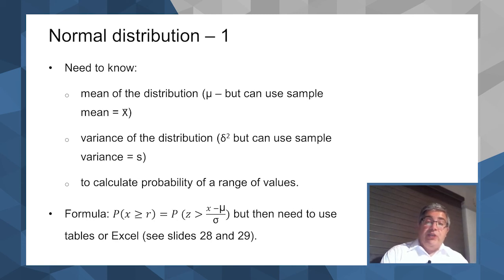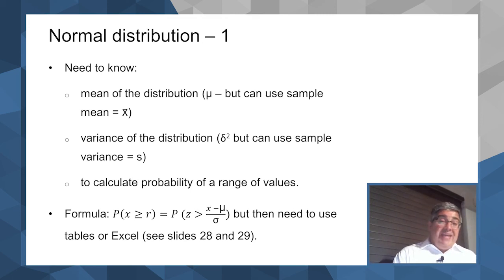Now, for this distribution, we need to know two statistics or 2 coefficients: the mean and the variance or standard deviation.